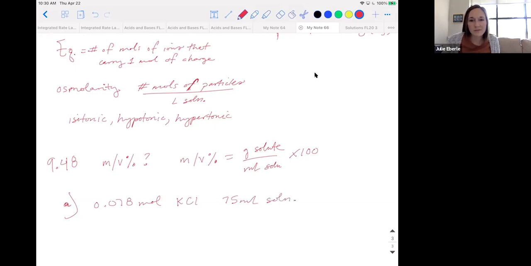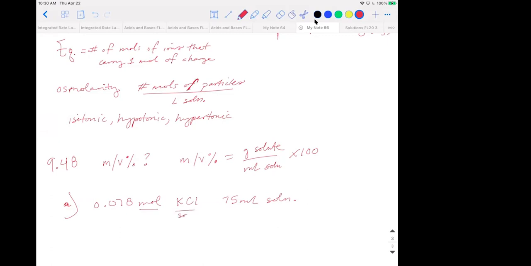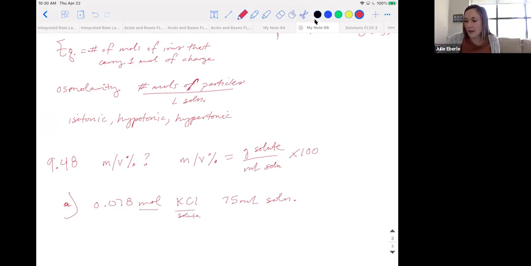What should we do? We're given moles. This is our solute right here. We're given moles, but we need grams of solute.